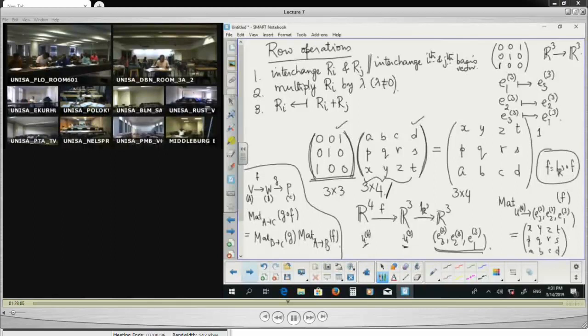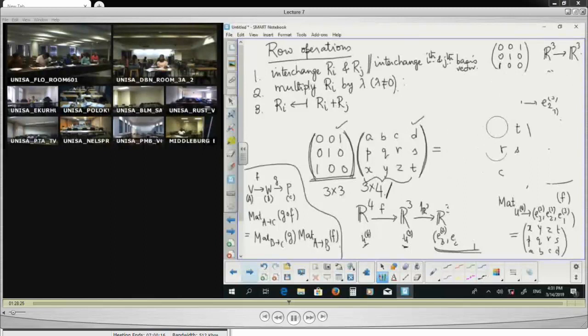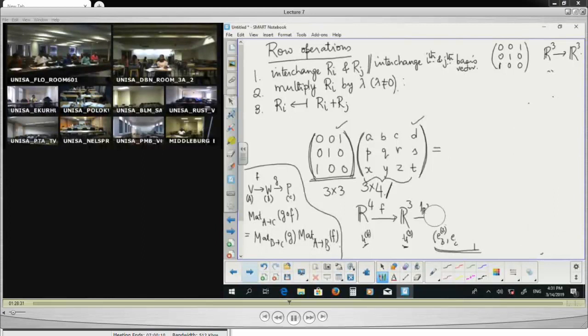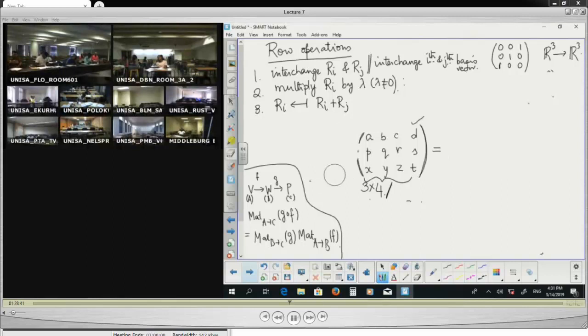Now let's look into this one. Suppose I want to multiply the second row by 2, so the rest remains the same.